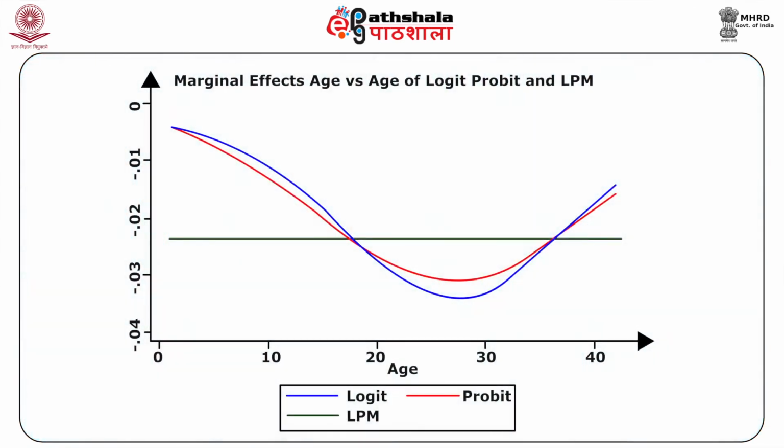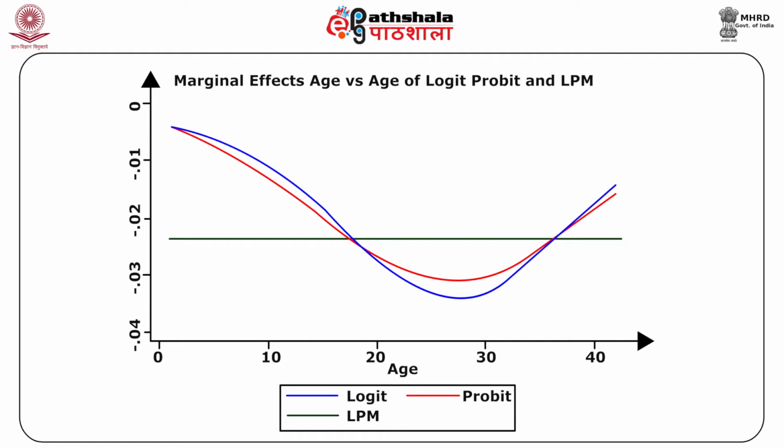The marginal effects at means are lowest for linear model, and it is the same for all values of age as shown in graph. The marginal effects of Logit and Probit models are almost the same, and first decrease with age and then start increasing.